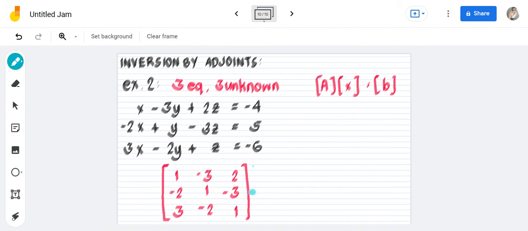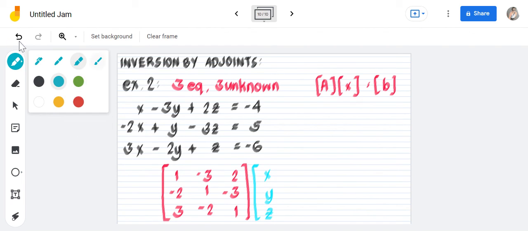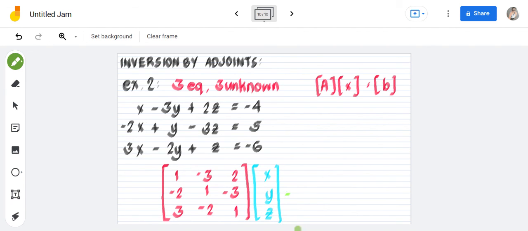For our unknowns, that is now X, Y, Z, and that's equal to our constants, negative 4, 5, negative 6.